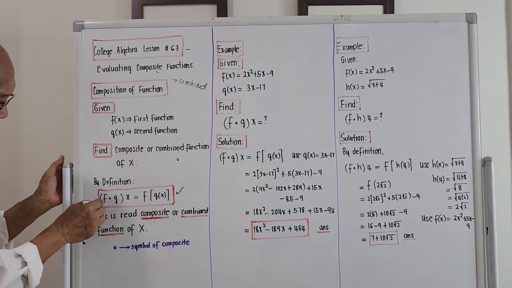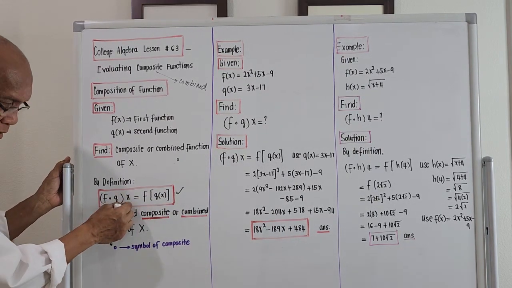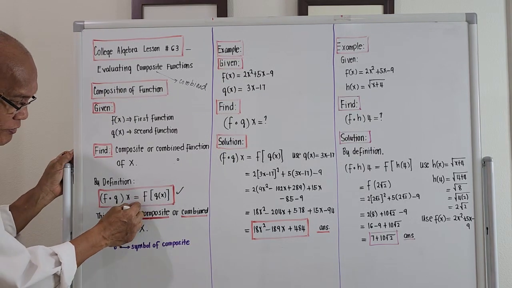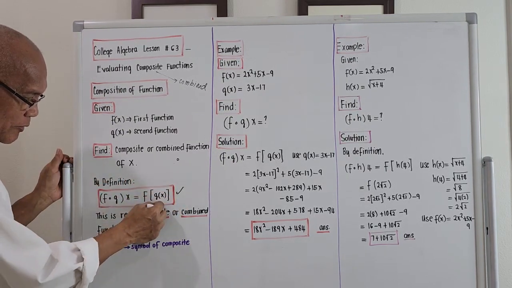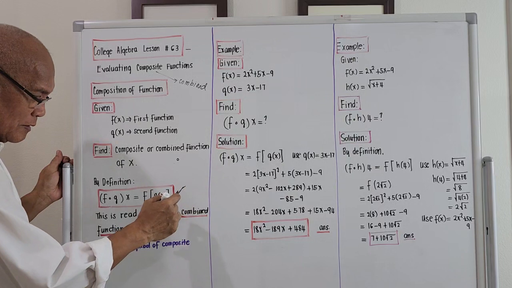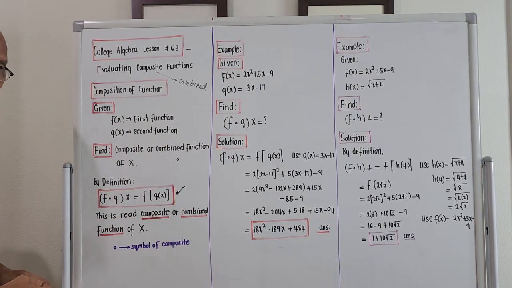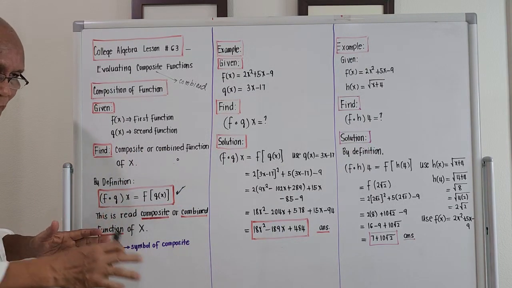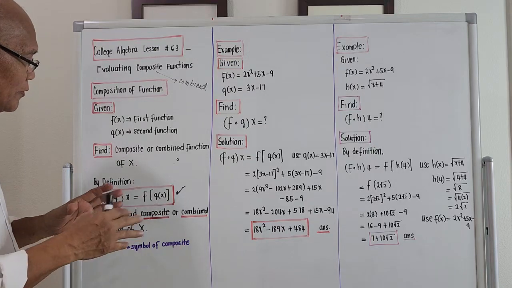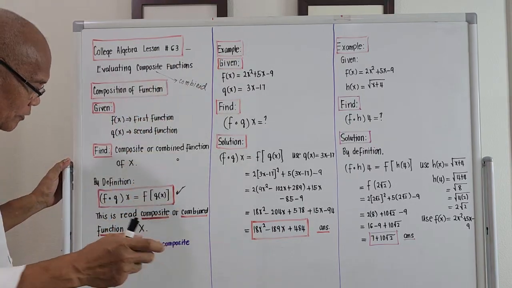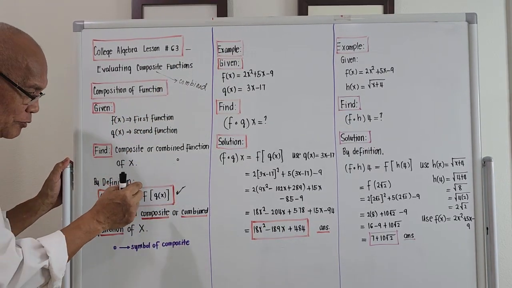Okay, that's the proper way how to simplify this one. If we try to combine function of x and g of x, okay, it should be function of open bracket g of x close bracket. That's it. No hard thing about it. So for any problem under the so-called evaluation of composite functions, this is the equation that is to be needed.